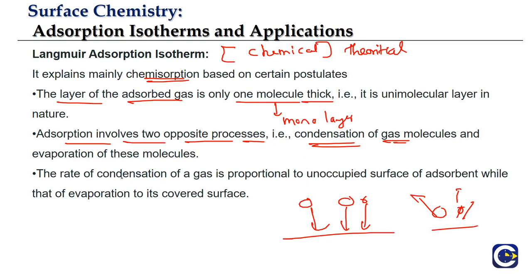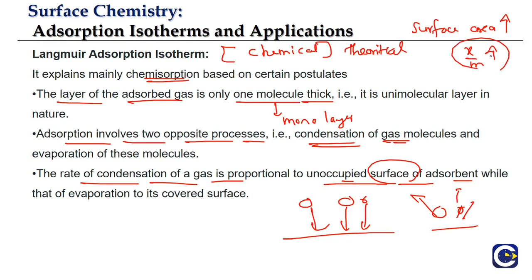And if you look at the rate of condensation of a gas, it will be proportional to the unoccupied surface area, the number of sites on the unoccupied surface. Adsorption is mainly decided by the surface area, because it is a surface phenomenon. The more the available surface area, the more the extent of adsorption.